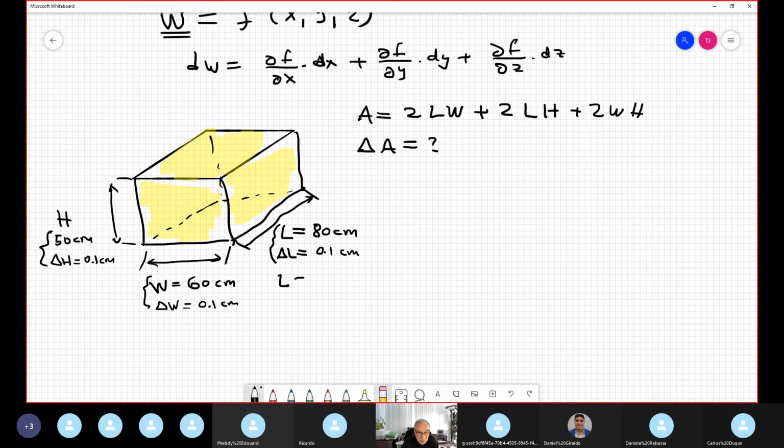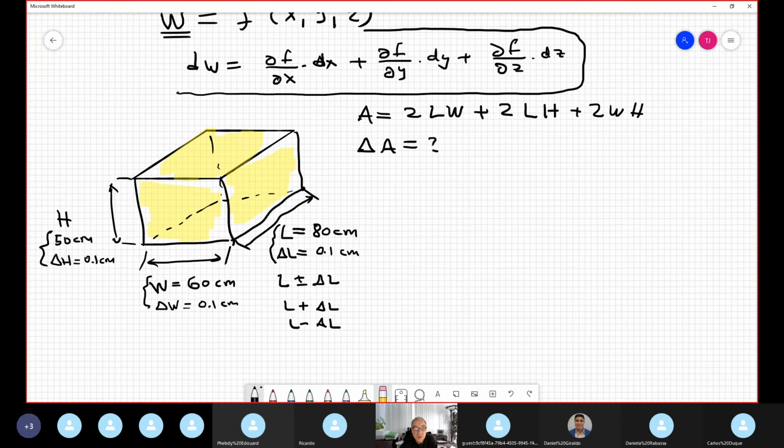You see L is plus or minus delta L, you add delta L and subtract delta L. You can do it for any quantity, and you take the maximum and the minimum, and that's it. It's super easy. But I want to illustrate using calculus, because maybe in another, more complicated problem you have a more complicated function, and you take advantage of the linear approximation and the formula for the total differential.